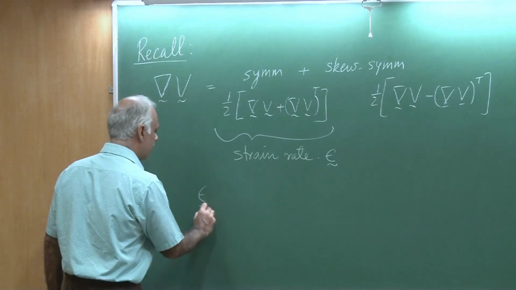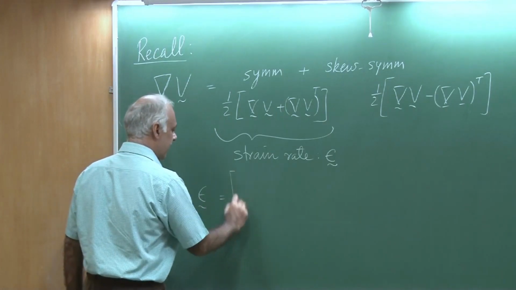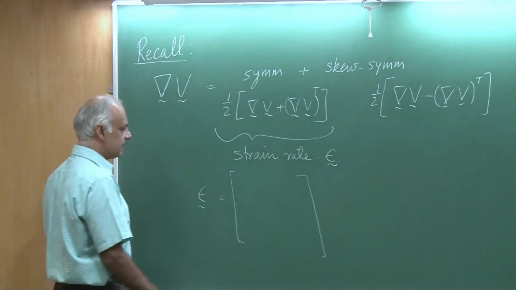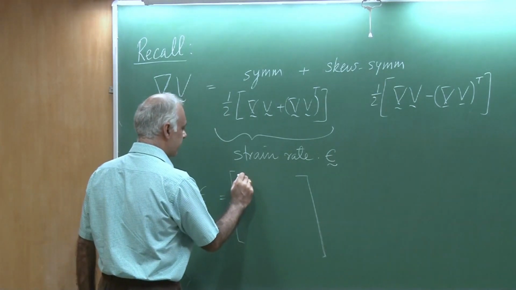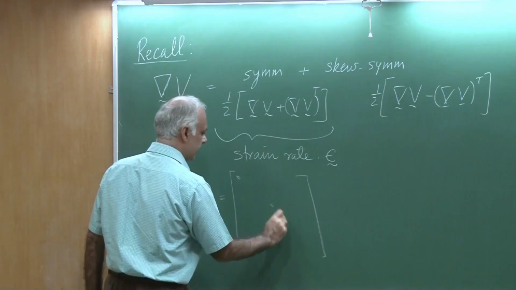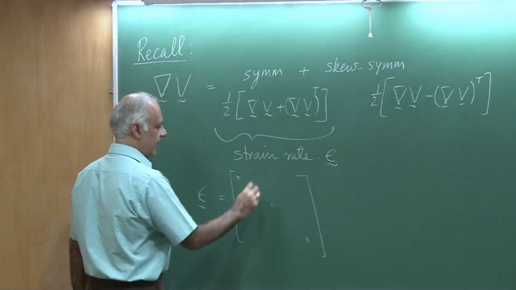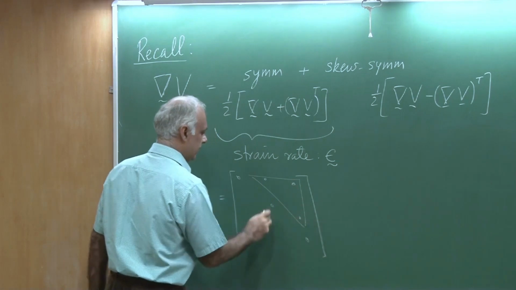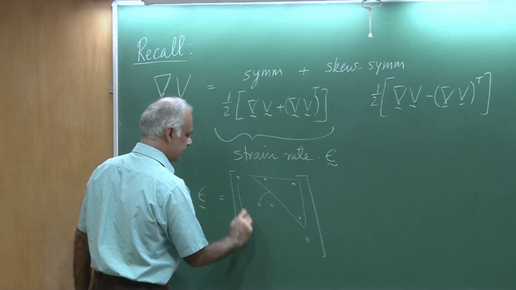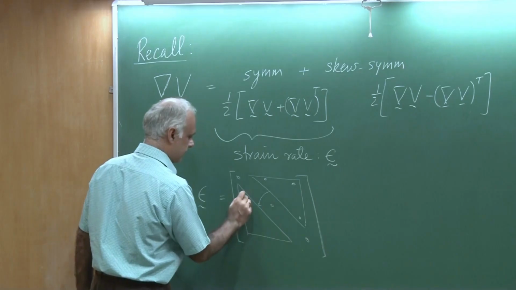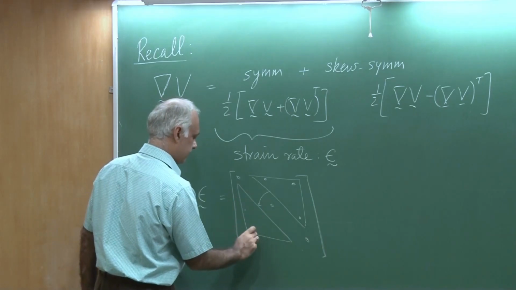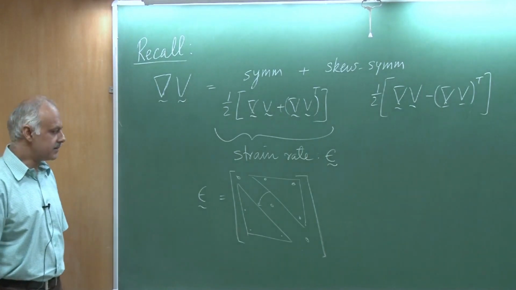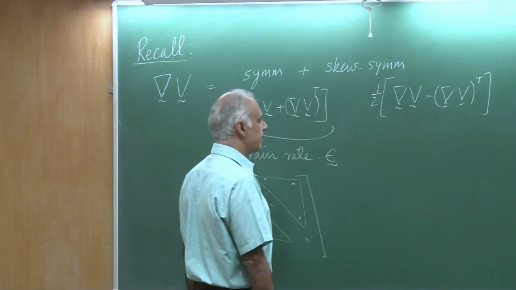So if you recall, E was something like a matrix which had some terms over here, and then this part is actually the same as this part over here. Right? So that's the symmetric part. Okay.